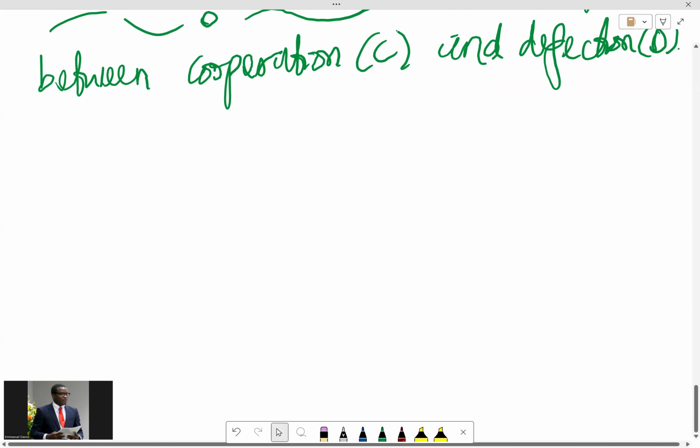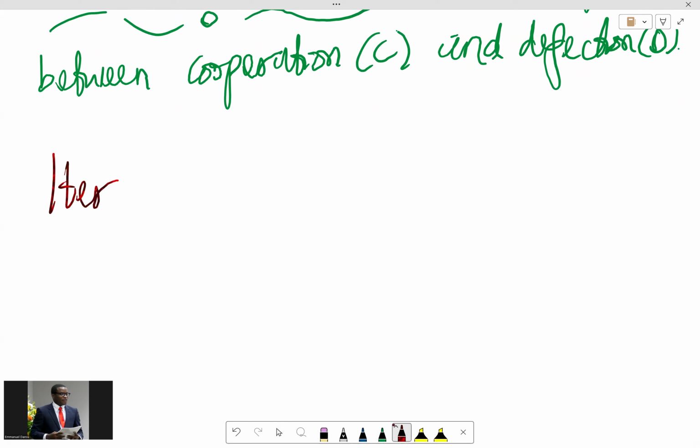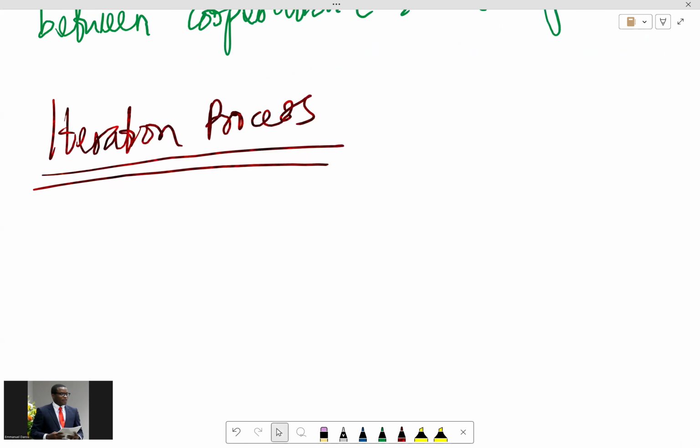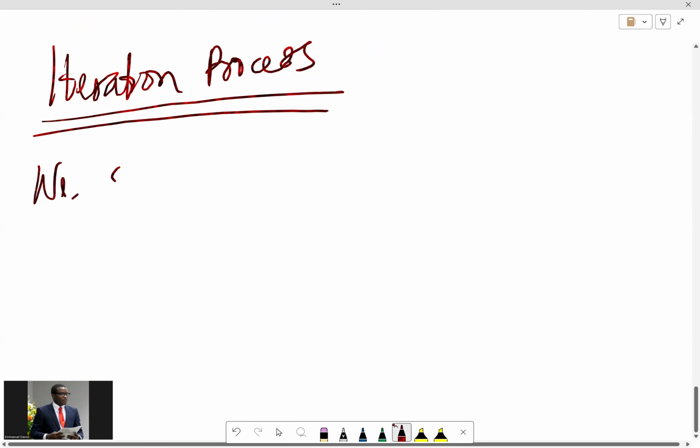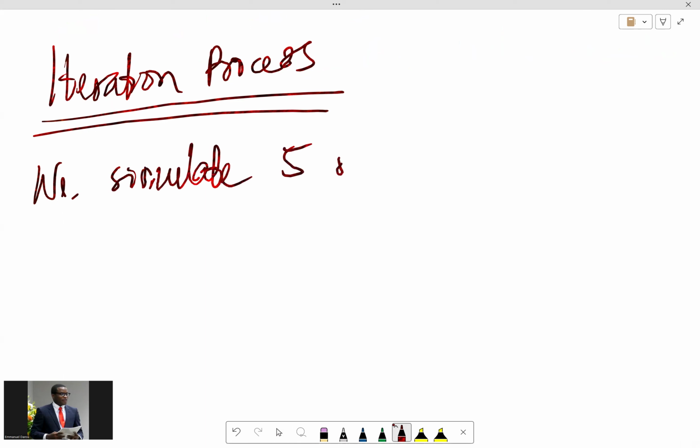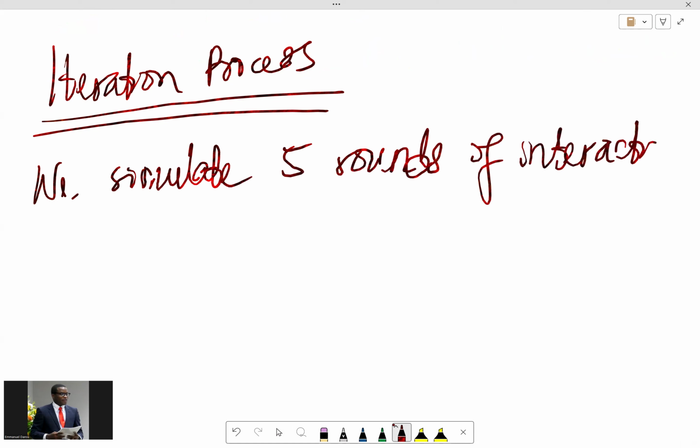Now, let's look at the iteration process in this case. Let's simulate 5 rounds of interaction between these strategies.